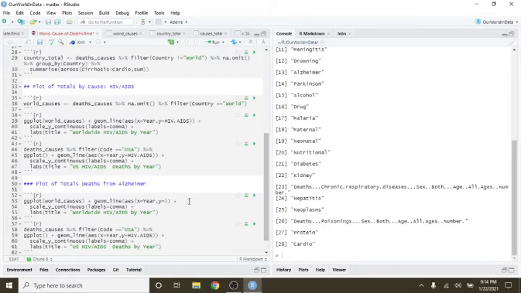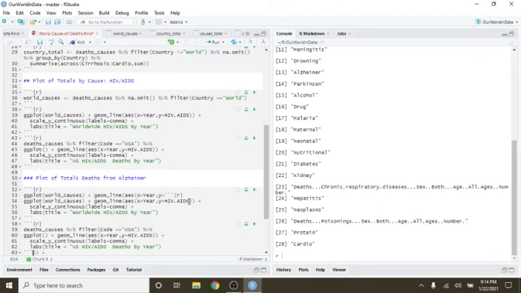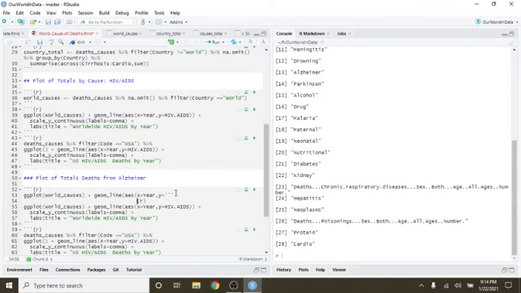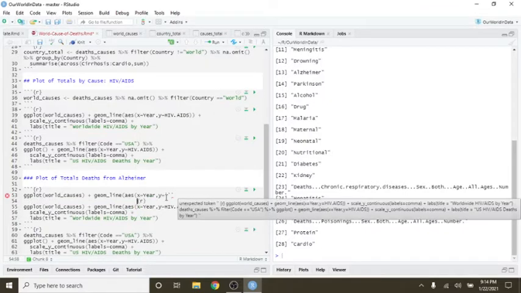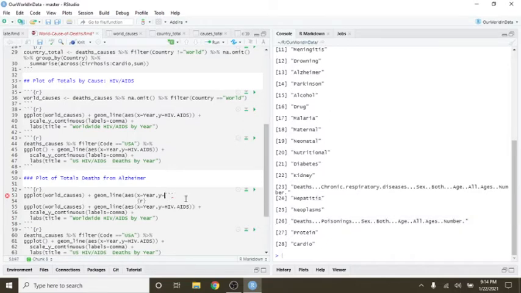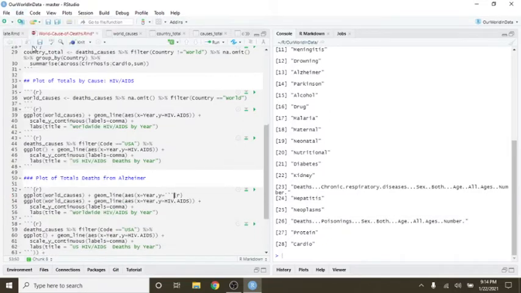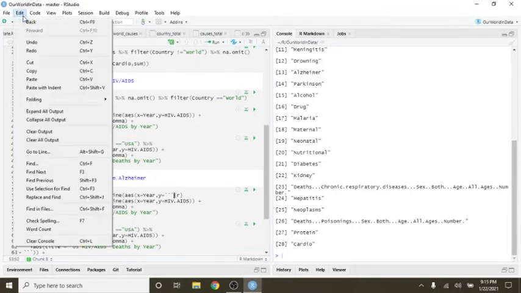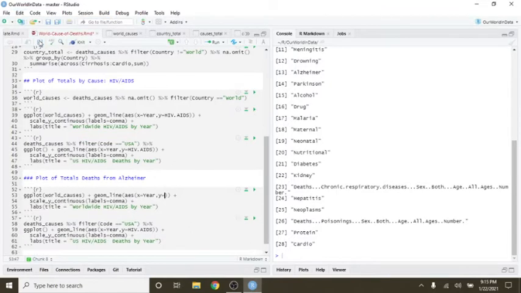Alzheimer's. Oh, there we go. So we're going to look at worldwide deaths from Alzheimer's.